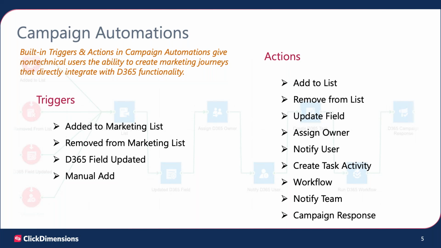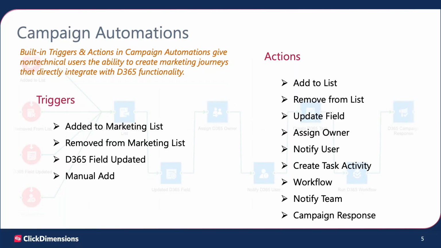So if your customer has a really complex back office process that either a contact or lead needs to follow that's outside of the scope of the campaign automation, maybe it's interacting with opportunities, maybe interacting with accounts, you could, via campaign automation, fire off a Dynamics 365 workflow directly from a campaign automation. Again, you can notify a team or even have a campaign response.